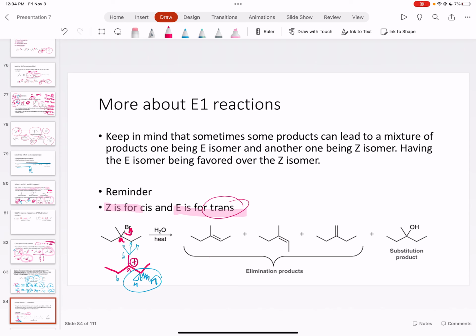So when we do our elimination, for example, from the one on top, we'll get this product, which is quite nice. But then afterwards, we're going to get our cis and trans. So in here we'll have a trans, and then this one will be a cis. So you can see that they shifted this one and this one.